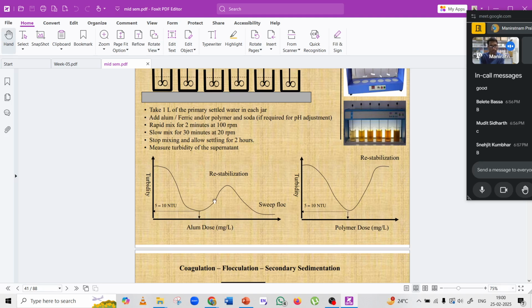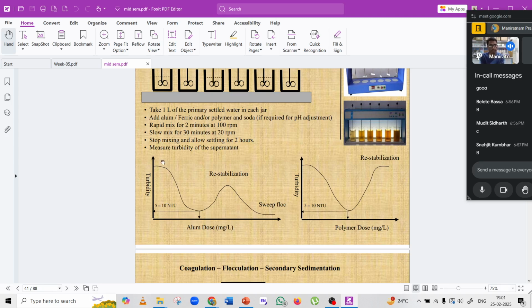But as soon as you add more alum, the particles start to re-stabilize: the flocs which were formed, the agglomeration won't happen, and the particles remain as they are. So again there is re-stabilization.